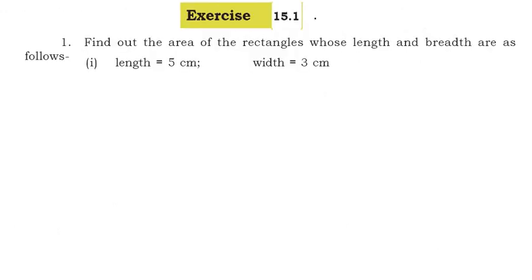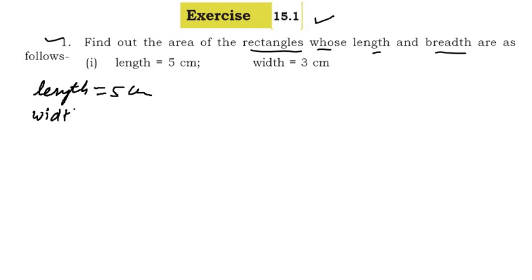Now come to exercise 15.1. Find out the area of the rectangles whose length and breadth are as follows. Length is given as 5 centimeter and width is also 3 centimeter. You can see here this one.